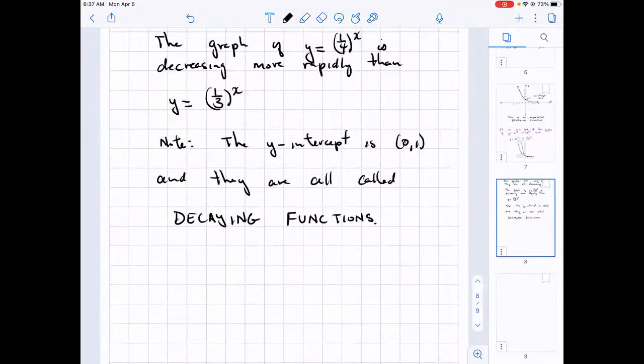Now, another type of exponential function is what we call the natural exponential function.